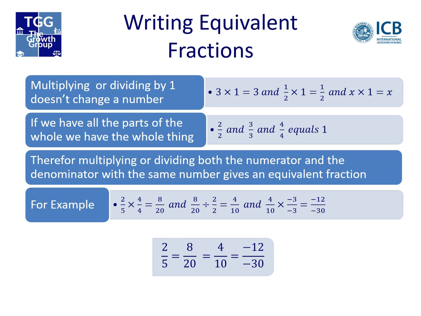Then if we take that fraction, the 4/10, and we multiply it, in this case by -3 over -3, still just 1, we get -12 over -30, because 4 times -3 is -12, and 10 times -3 is -30. So these are all equivalent fractions, and so therefore we know that 2/5 is equal to 8/20, is equal to 4/10, is equal to -12 over -30.